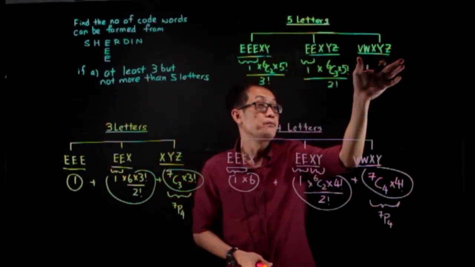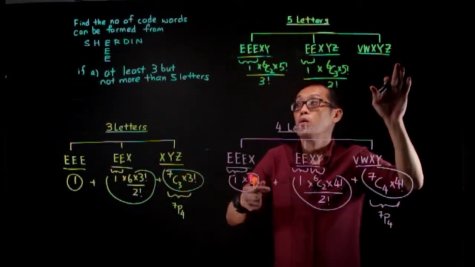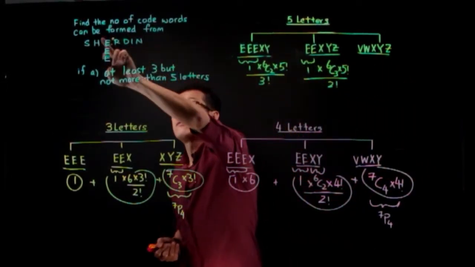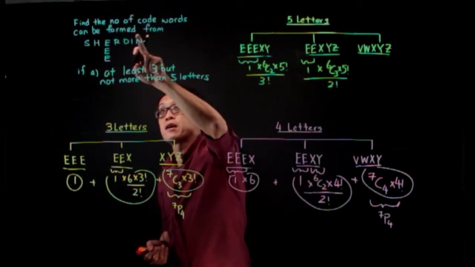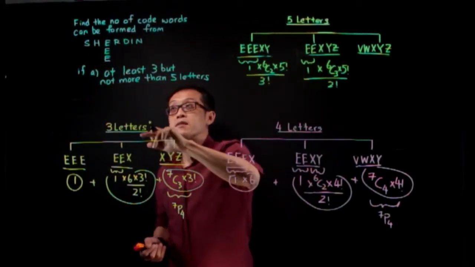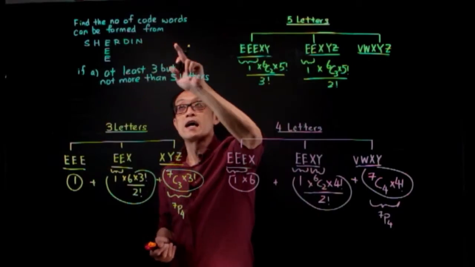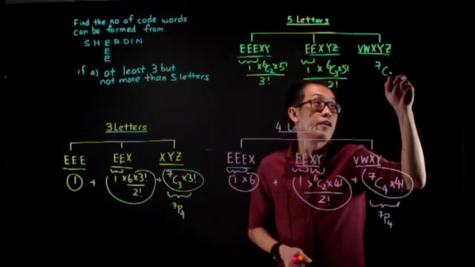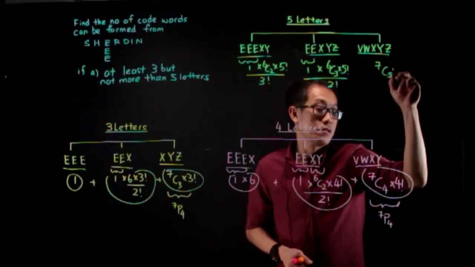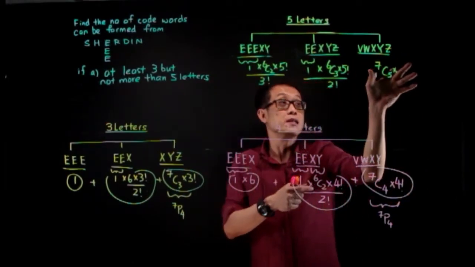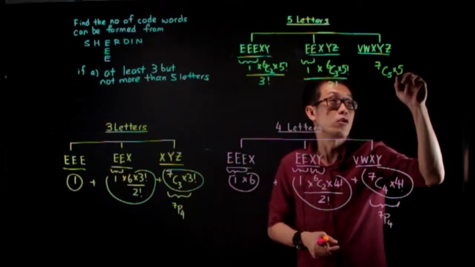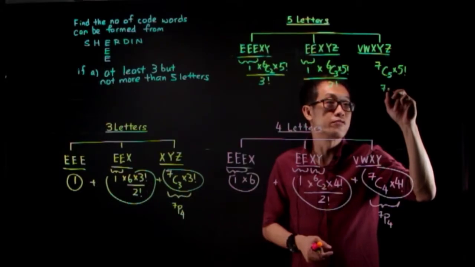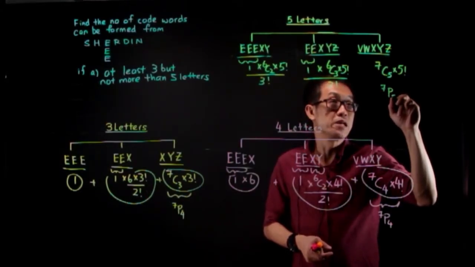Now the last one, we are supposed to choose 5 out of these 7 letters, S, H, E, R, D, I, N. So that would be 7C5. But we can permute these 5 letters, so times 5 factorial. Or some of you may like to use this formula, 7P5.